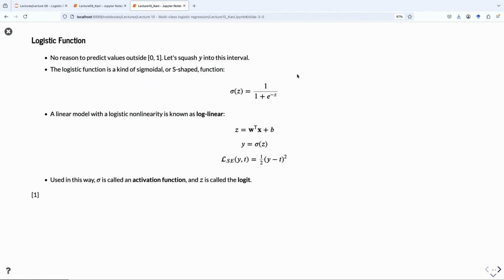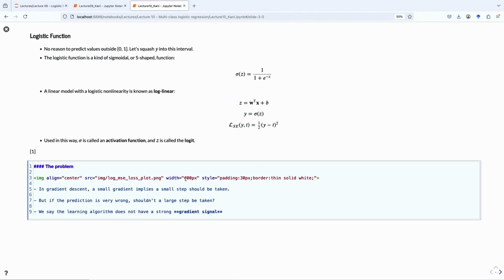Which makes sense. If z is very small, closer to 0, it means that this value will get very large, and then sigma will be closer to 0. Okay? So that's the idea behind the sigma function, that you have basically a step.